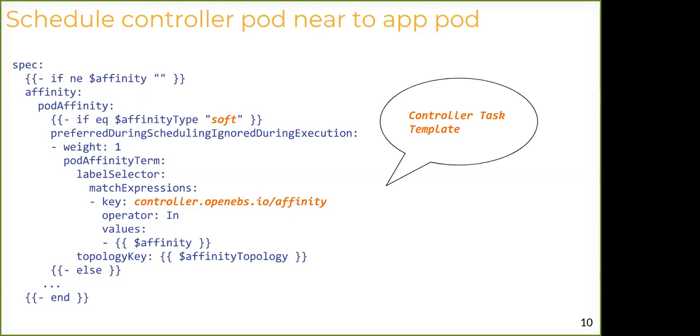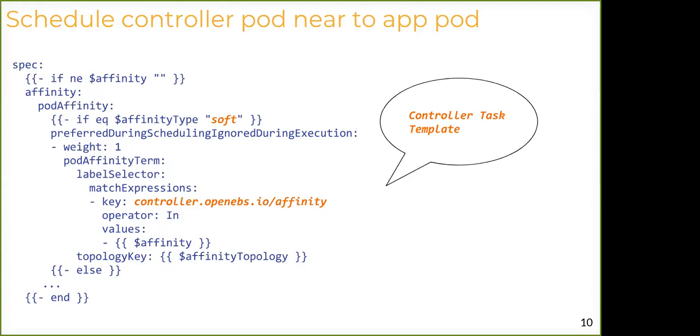The other type is required during scheduling and ignored during execution. When I say preferred during scheduling, it means it is preferable to have the controller scheduled alongside the app, but it's not mandatory, right? Hence the term soft.